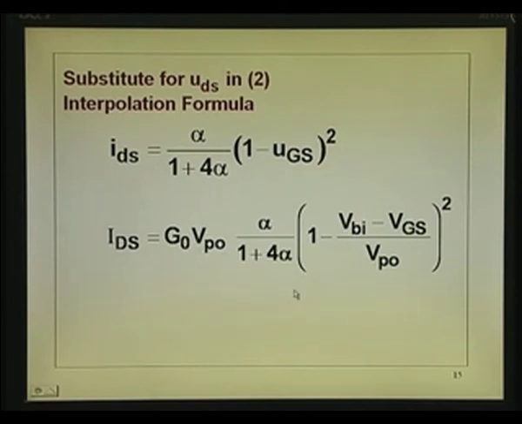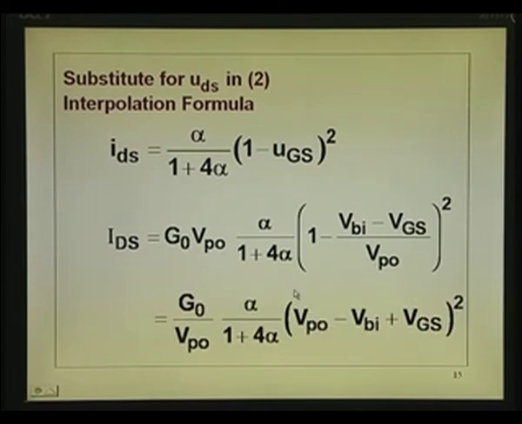You get this, and then I get G0 by VP0 into... All that I have done is pull this VP0 out. So, VP0 gets cancelled with that 1 by VP0 squared, I get this. Just simple. I have not made any modification there.